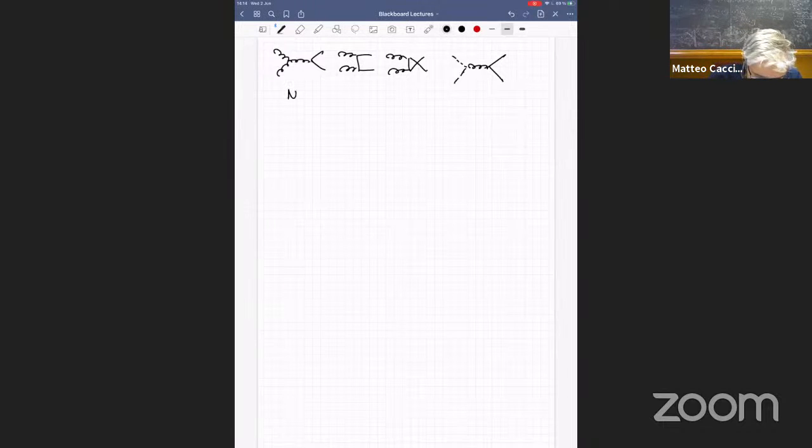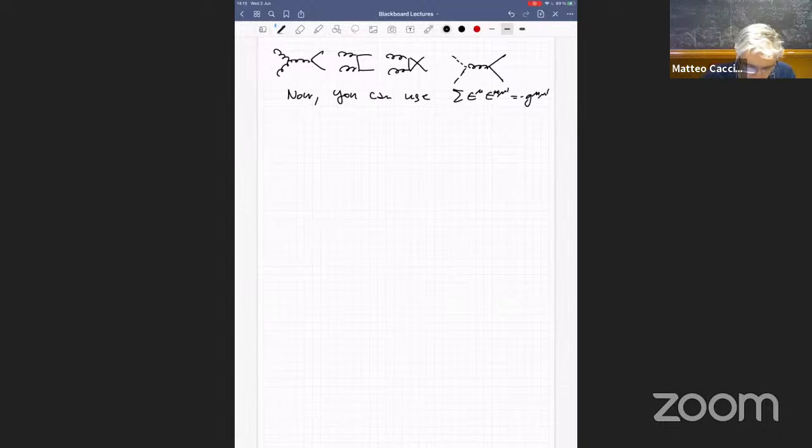And now you can use the simple sum epsilon mu epsilon star mu prime equals minus g mu mu prime. If you have included the ghosts in your amplitude, then you can go back to the usual covariant polarization sum, because the unphysical degrees of freedom have already been taken care of.